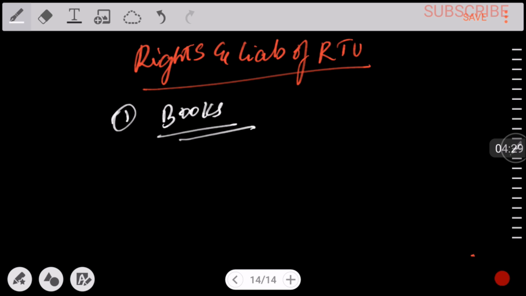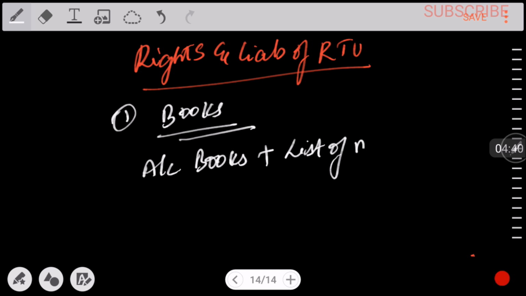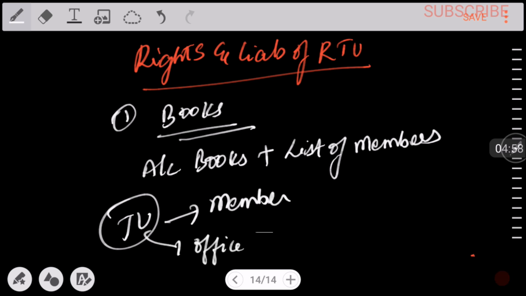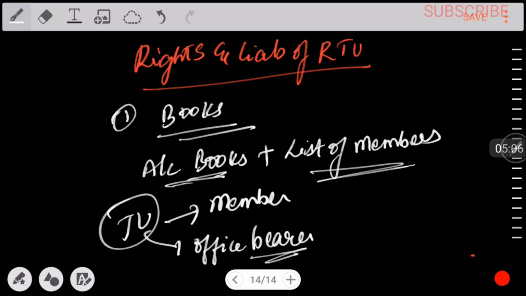The account books of a registered trade union and the list of members thereof shall be open to inspection by an office bearer or member of the trade union. A trade union's member or office bearer can inspect the account books and even the list of members.